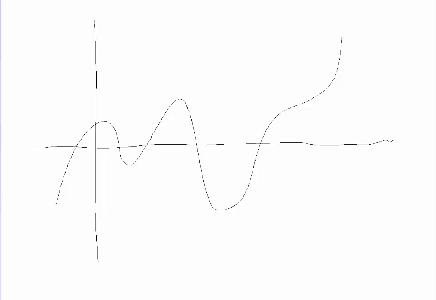So we can see function values. So we've got increasing, decreasing, increasing, decreasing, increasing. Okay. Now what we can do is take a look at the first derivative, which is going to be the slope.